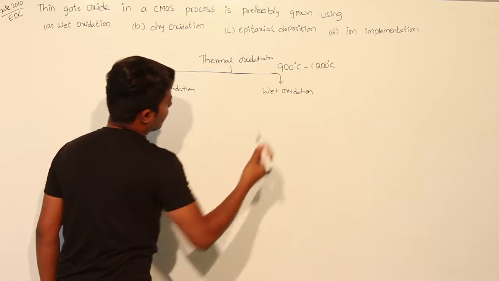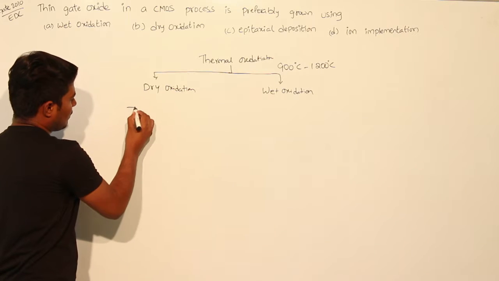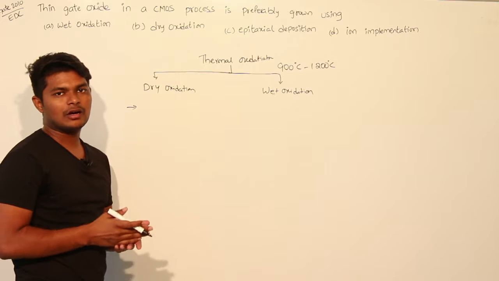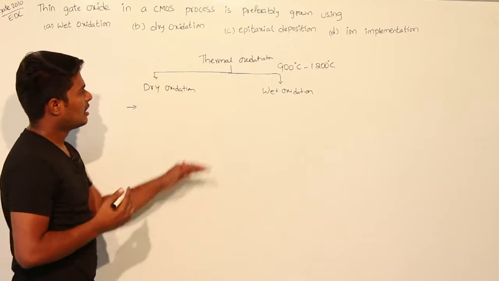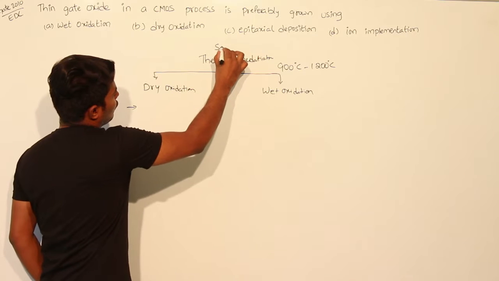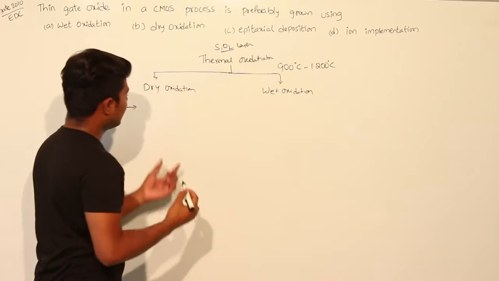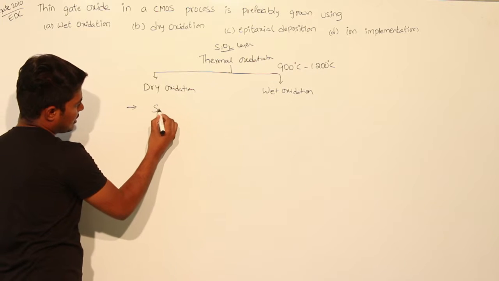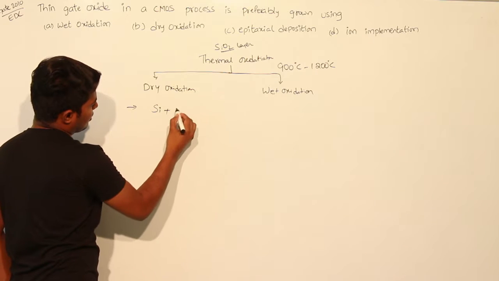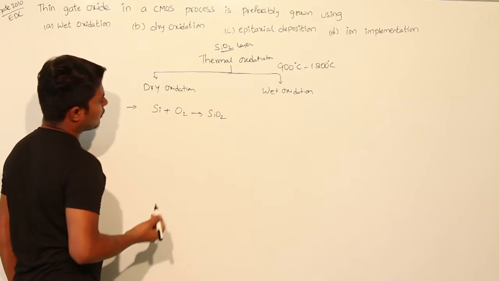Dry oxidation is whenever oxygen reacts with silicon to form a silicon dioxide layer. Our main aim of this thermal oxidation process is to form SiO2 layer from silicon. In dry oxidation, Si reacts with O2 to form SiO2.